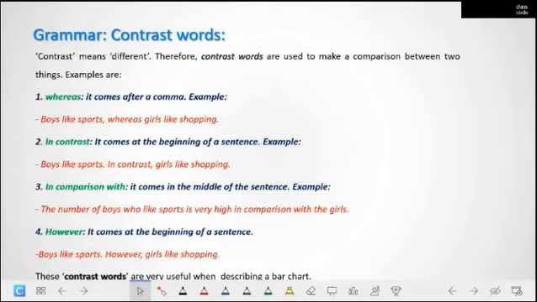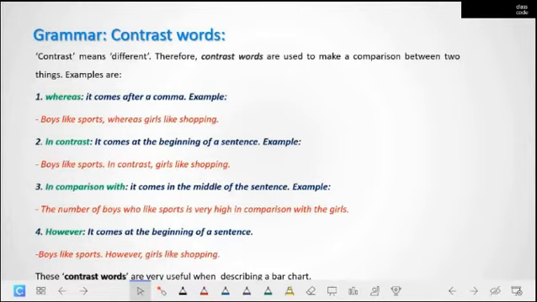Number 3, in comparison with. It comes in the middle of the sentence. It can be followed by to, but it has the same meaning. So you can say in comparison to, or in comparison with. They both have the same meaning.